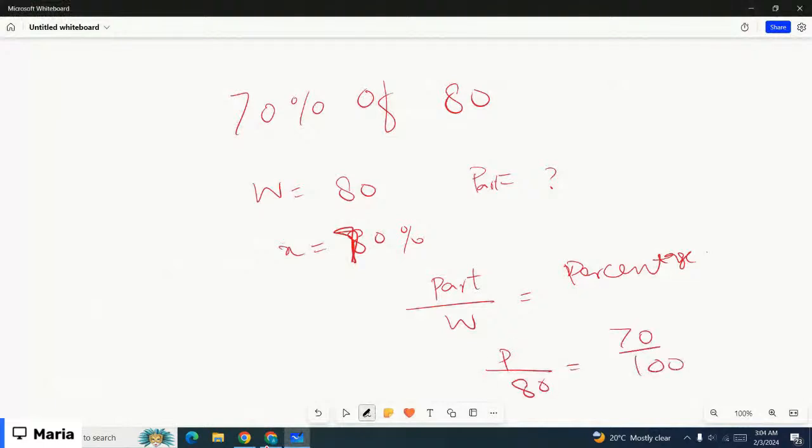So P equals 70 times 80 over 100, that equals 56. That means 70% of 80 is 56. Basically, you need to form a proportion here. Just understand what you need to calculate, what the whole is and what part you need to calculate, and then form a proportion, part divided by whole equals the percentage. Got it?